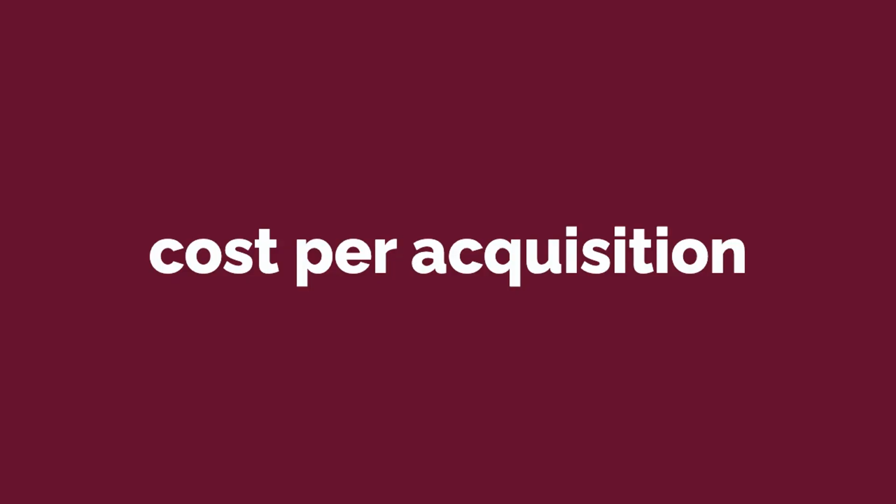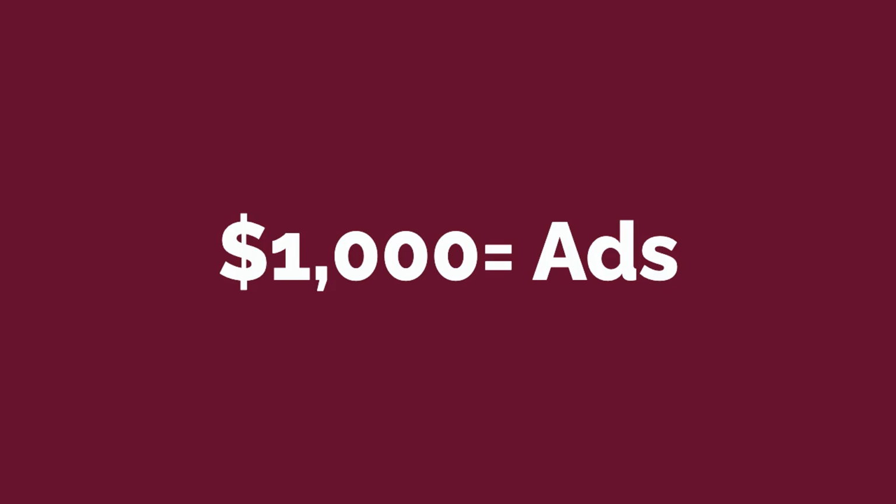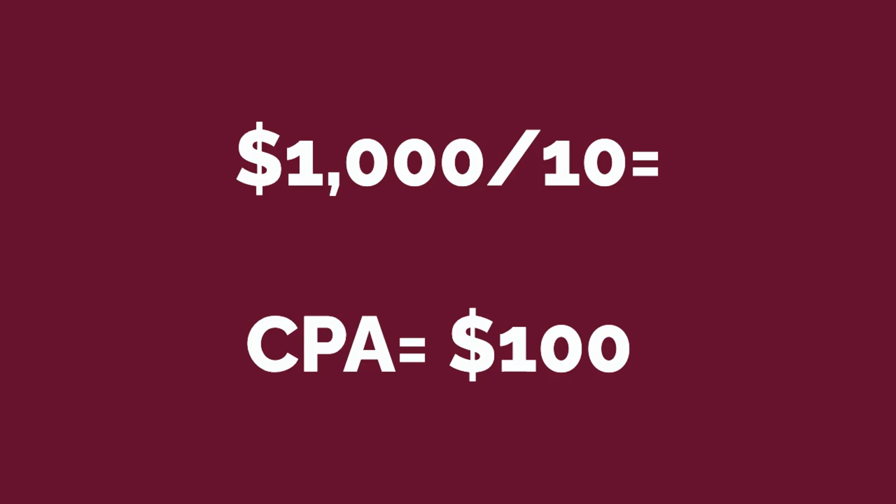CPA stands for cost per acquisition, right? So your actual CPA is just how much it's costing you on average to acquire one new member. So let's say you spend $1,000 on ads and that brings you 10 new members, then your CPA is 1,000 divided by 10 is 100, right?